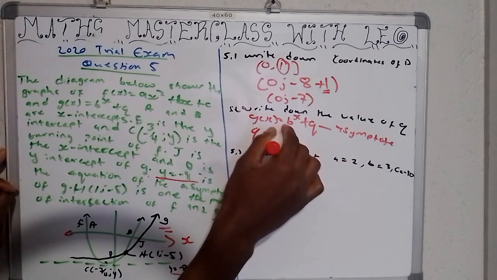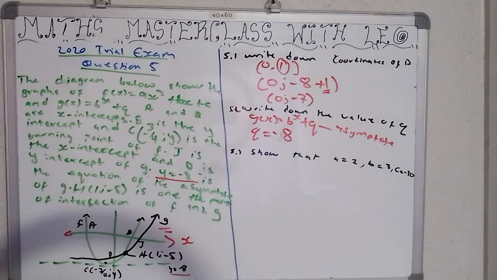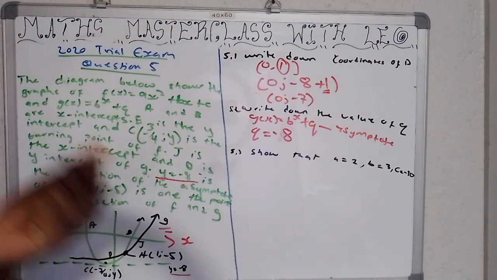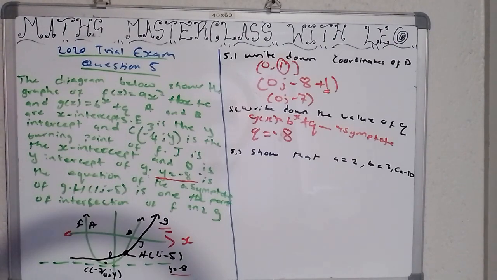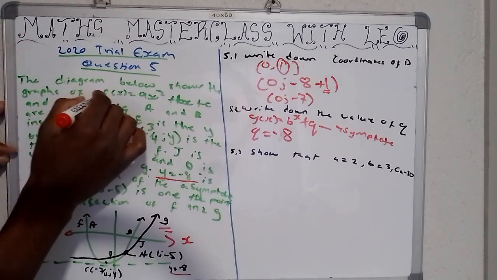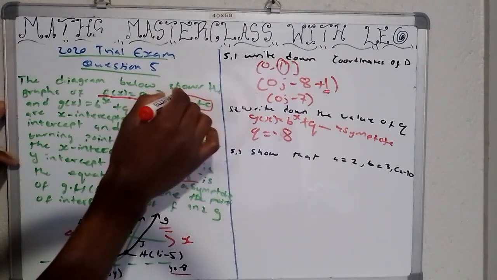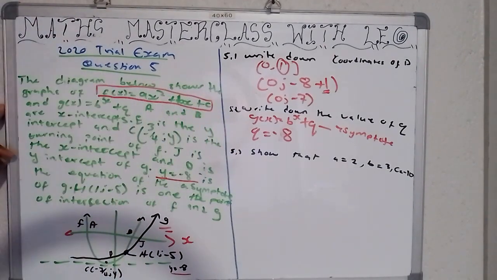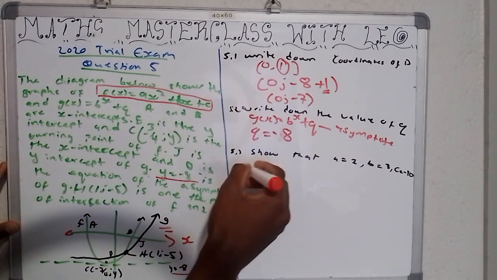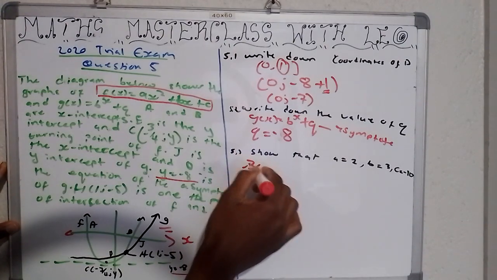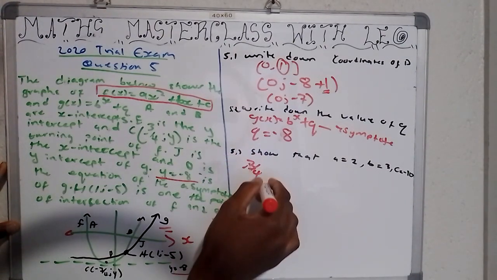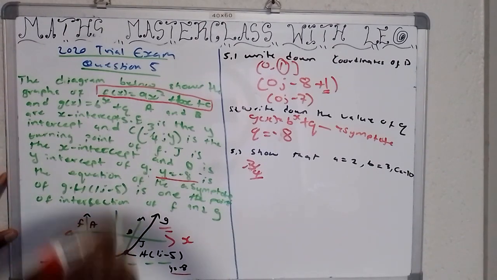Negative 8. Right? Then, the next question, show that a equals 2, b equals 3, c equals negative 10. We need to show which a, b, and c we are talking about from this equation. Now, if I check here, I have negative 3 over 4, right?